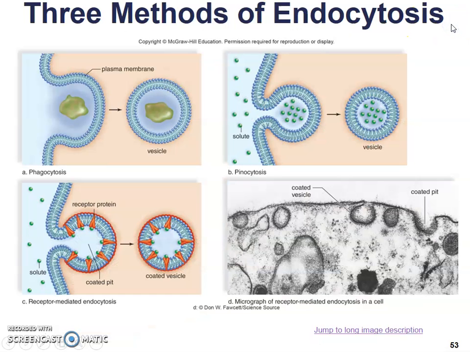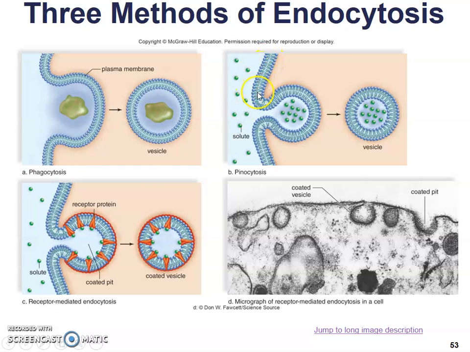Here are the 3 methods of endocytosis. So here is phagocytosis. The cell wants this molecule, wants this big old chunk of solid stuff inside, so it's going to wrap the plasma membrane around it and bring it in. Here is pinocytosis, where we have very small molecules or liquids.